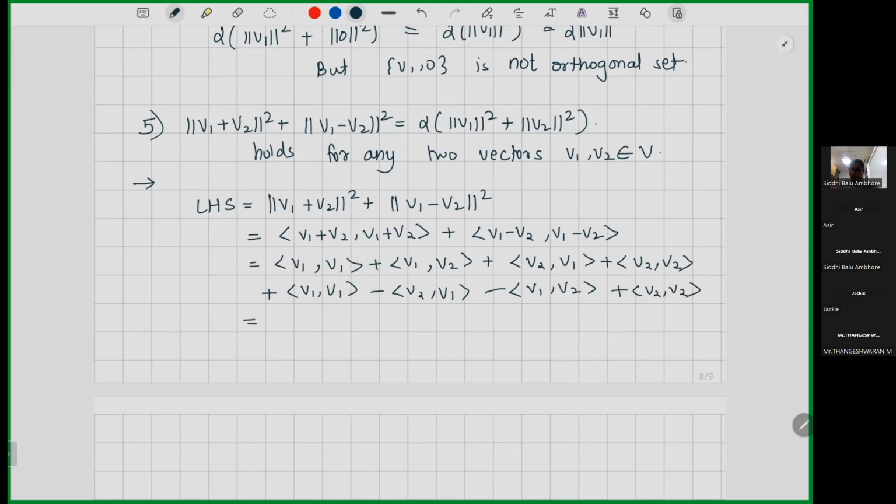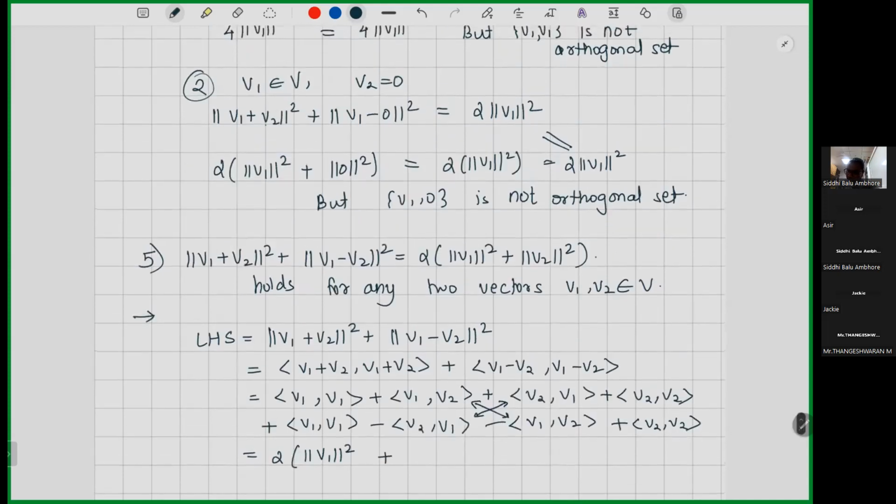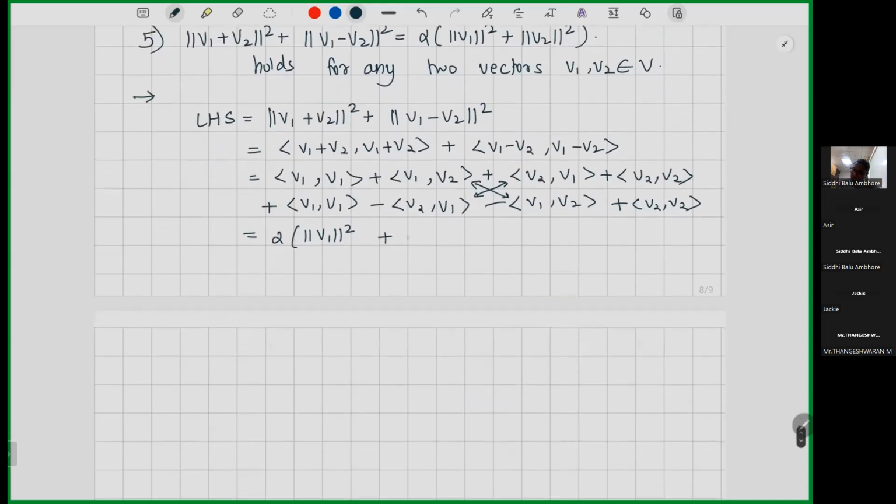So then these two things get cancelled, this with this and this with this, and we are left with this, which is 2 norm v1 square plus, did I do anything? Yeah, correct. Norm of v2 square. Here also we get 2 norm of v2. So this here and this here.